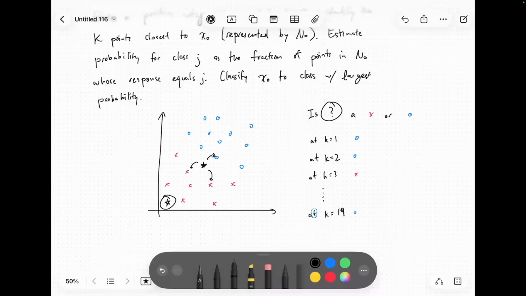Make sense? Yes? Is this exclusively a red or blue result, or is there also a probability of it being red or blue based on the relative distance? The probability is based off of the count of dots based on the neighbors that you're looking at.